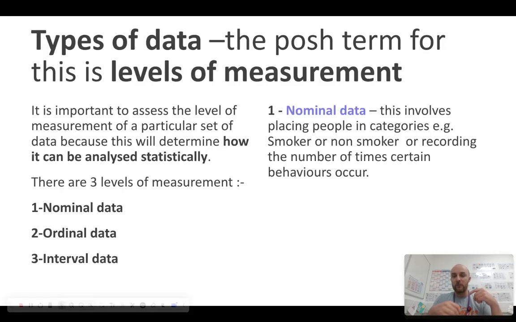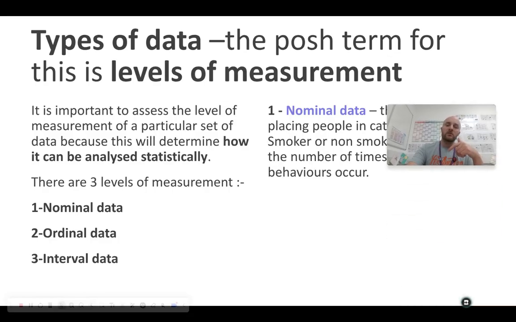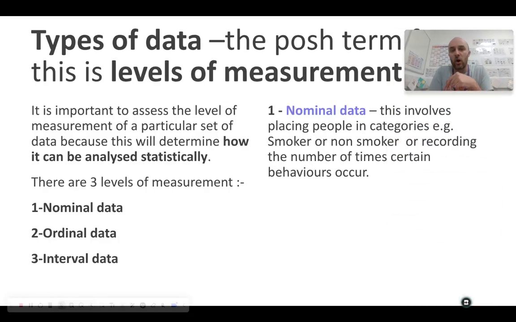And let's start with what we mean by nominal data. So nominal data is categorical data. Data where you can put people into categories, and generally speaking, you can only be in one category. So whether you are a smoker, a vaper, or you don't smoke or vape, generally speaking, you can be in one. Now you might say, "Well, I'm a smoker and a vaper."